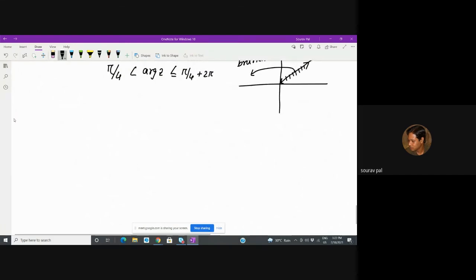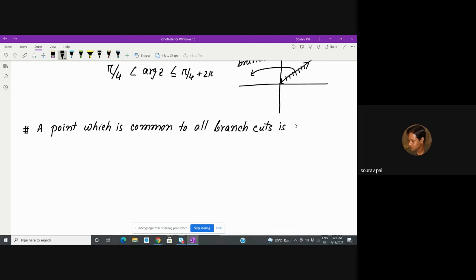So a point which is common to all branch cuts is called a branch point.